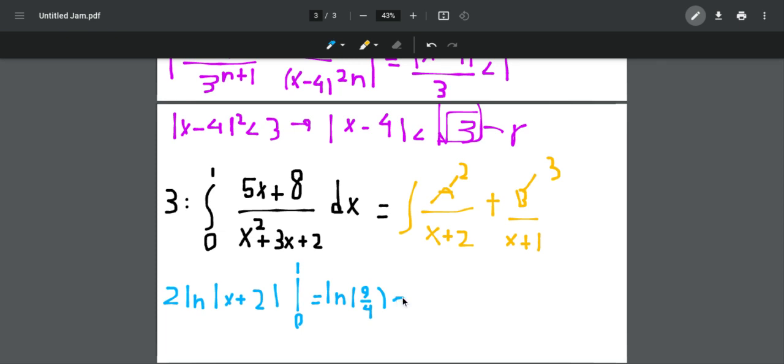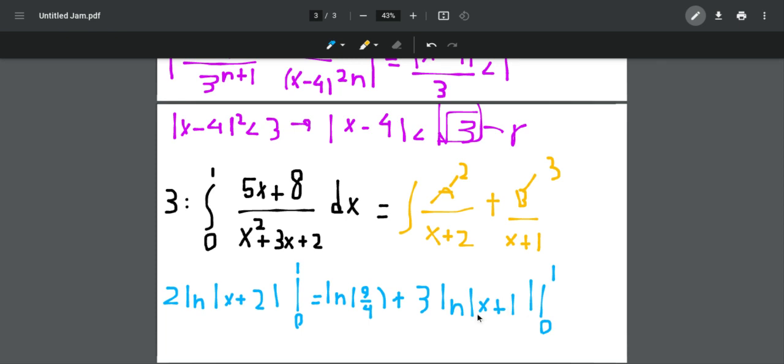And then we should add it, because we're adding 2 different integrals. Sorry, not subtract, we should add this to 3 times natural log of the absolute value of x plus 1, and we also evaluate this from 0 to 1.